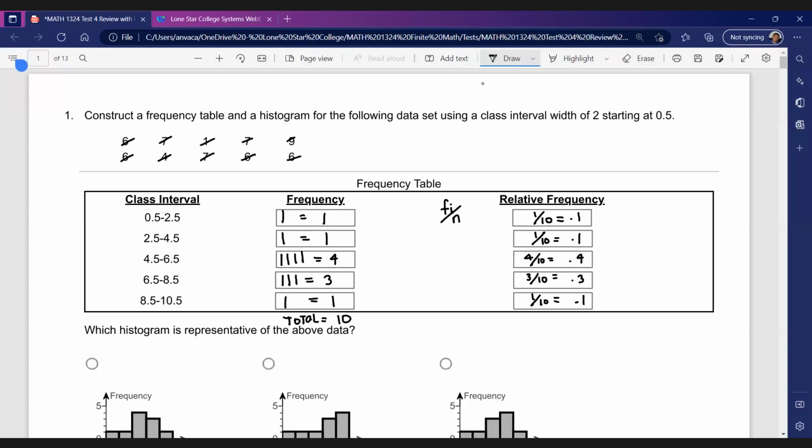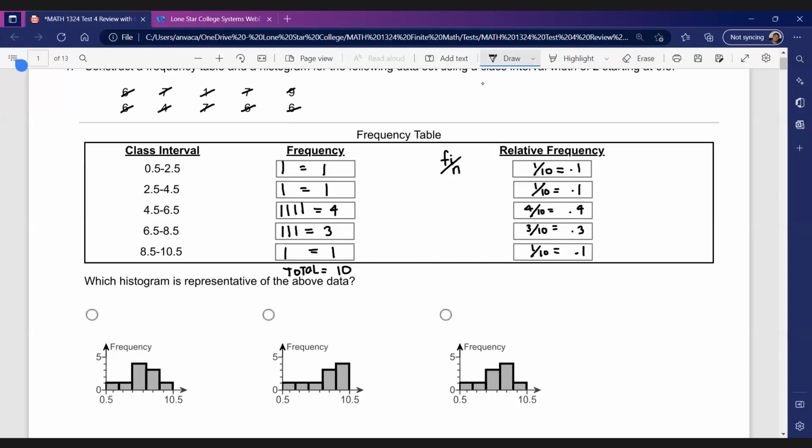Okay, and so now we need to choose the right histogram. In this particular case, this will be the class interval from 0 to 2.5. And then this value right here will be 4.5. And here will be 6.5. And here's 8.5. And here's 10.5. Which one is the right graph?